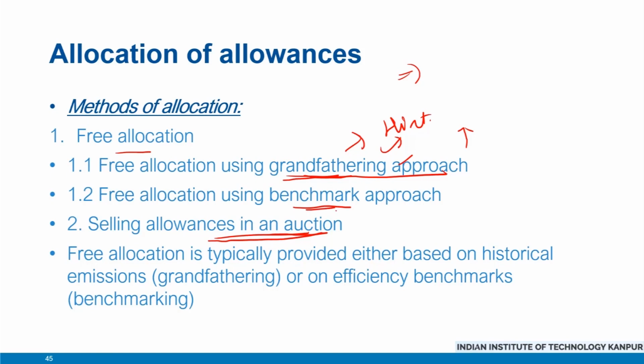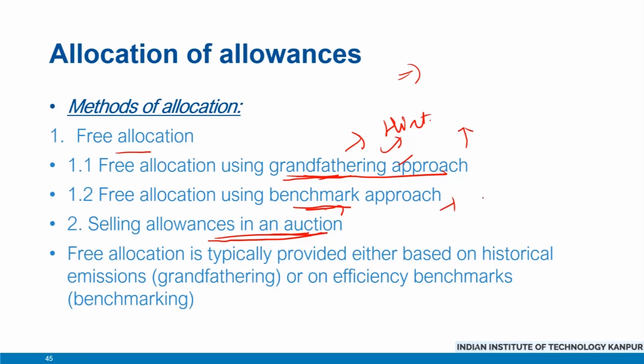The benchmarking approach does not have the effect of providing more free allocation to the highest emitting installations. In fact, benchmarking allocates allowances based on production performance instead of historical emissions. So greenhouse gas intensive installations will receive fewer free allowances in the benchmarking approach as compared to their production level.